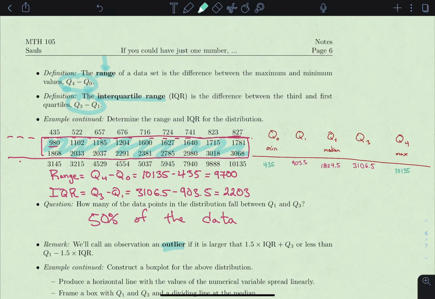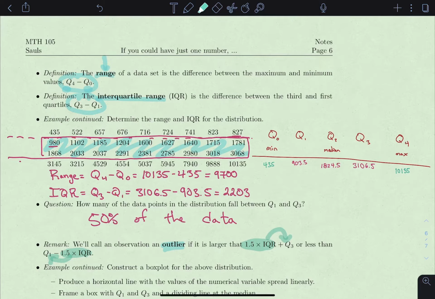We're going to take this IQR and multiply it by 1.5, and we're going to add it to Q3, and we're also going to take it away from Q1. And numbers that are more extreme, so on the outside of those values, we'll call outliers.